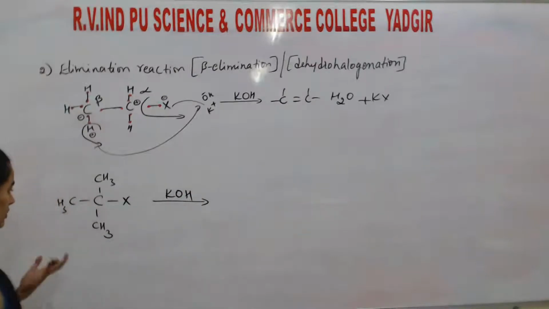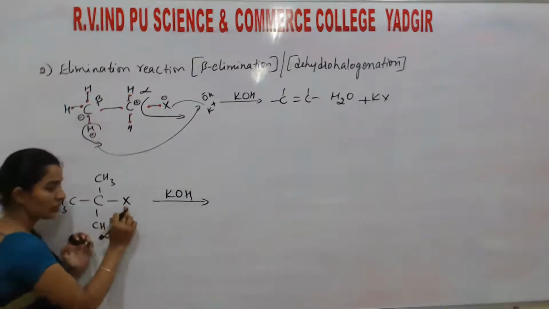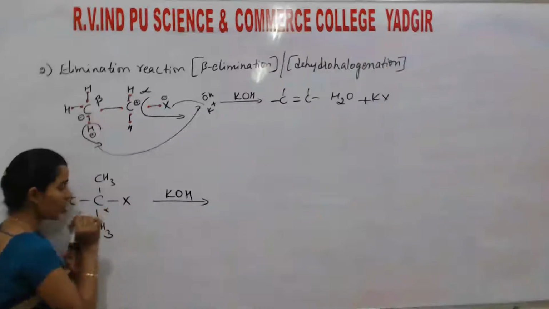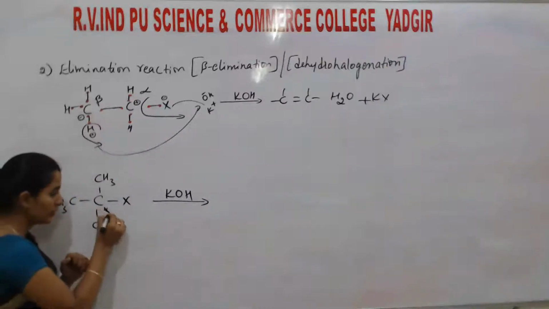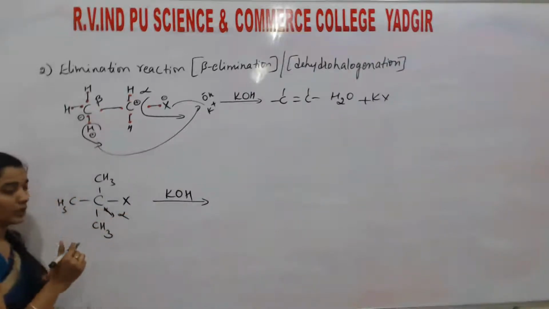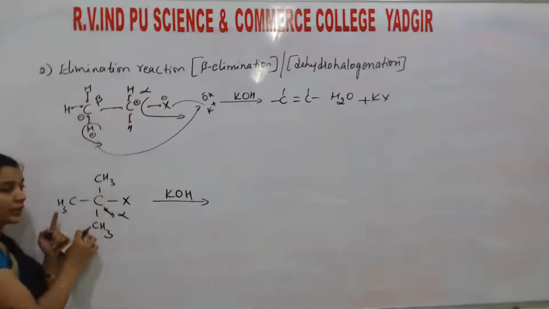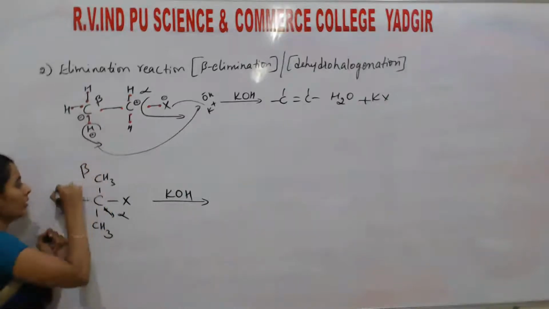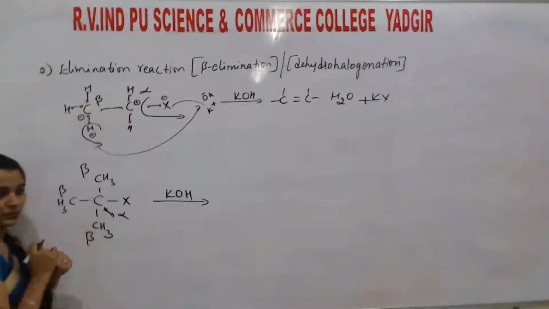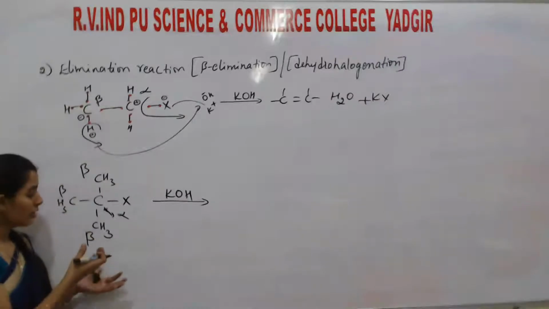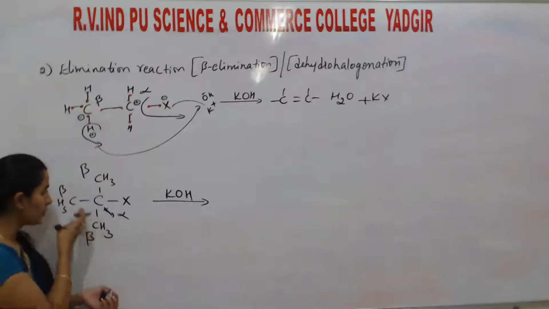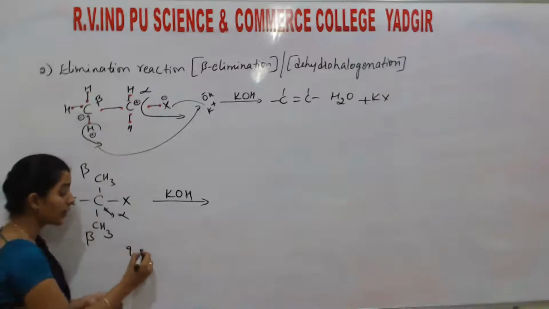Students, here what happens? This is the halogen, this is the alpha carbon atom. With respect to alpha, 3 beta carbons are there: 1, 2, 3. Each beta carbon has 3 hydrogens, so 3 plus 3 plus 3, a total of 9 beta hydrogens are there.